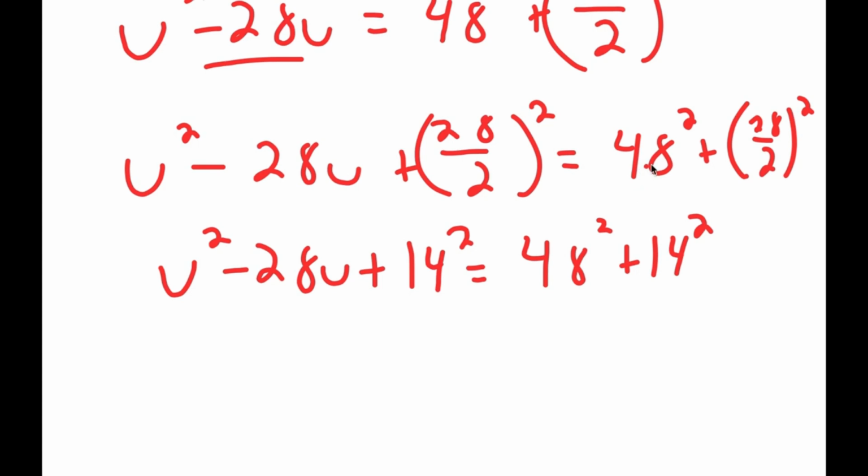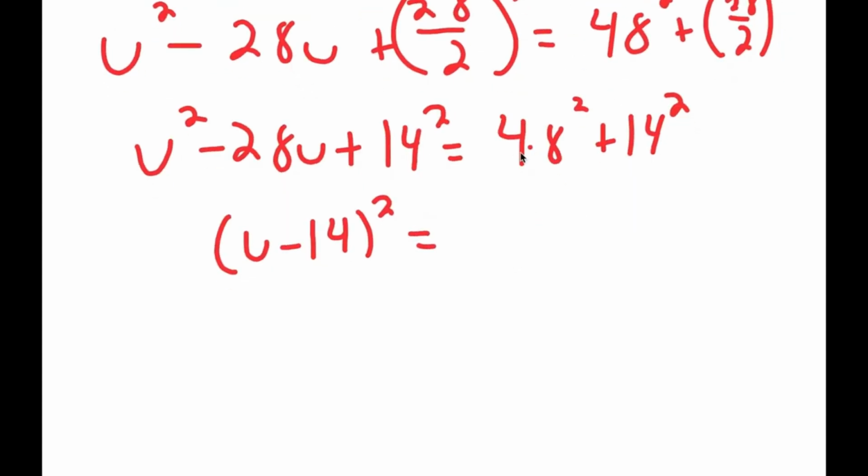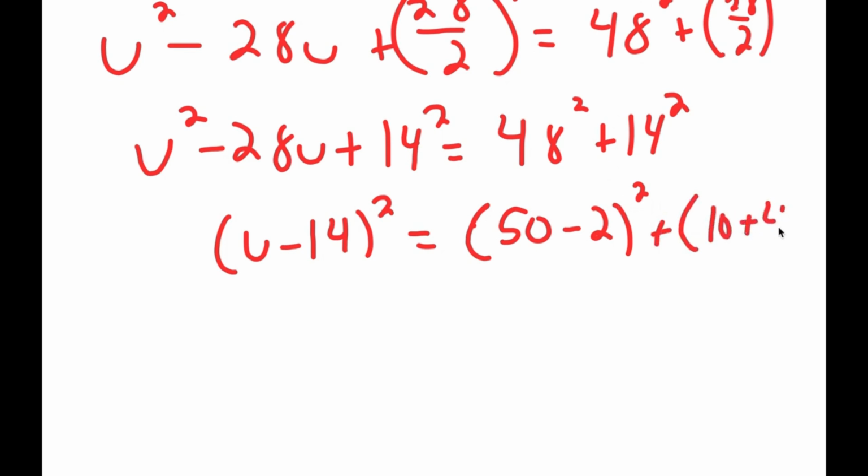Now the reason I used completing the square was because now I can factor this out. This turns into (u minus 14) squared, which is equal to 48 squared, which I'm going to rewrite as (50 minus 2) squared, and 14 squared I'm going to rewrite as (10 plus 4) squared.